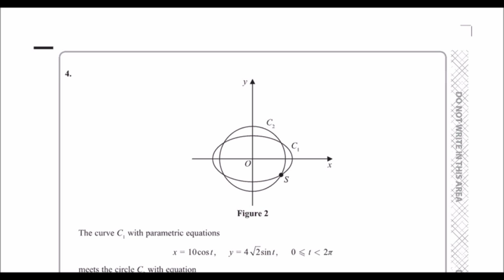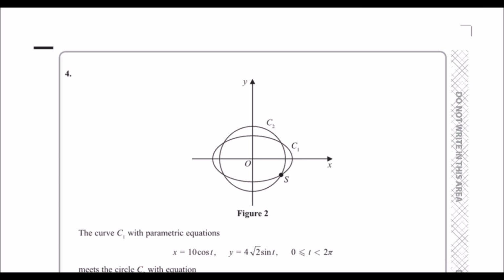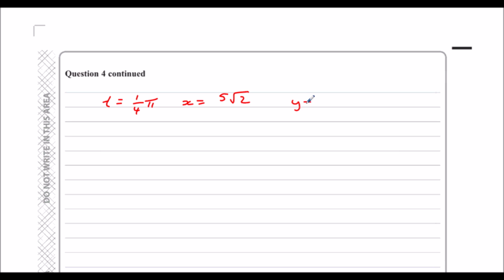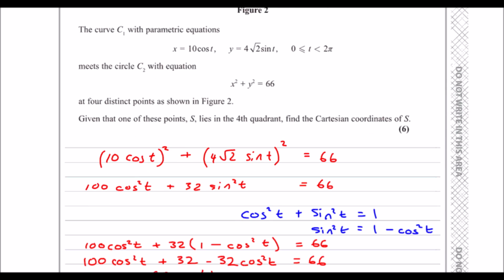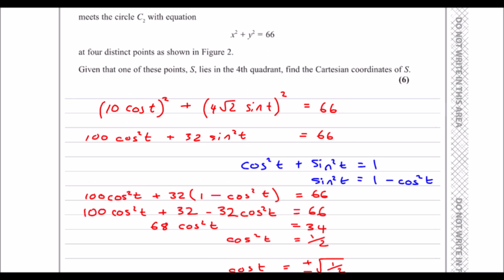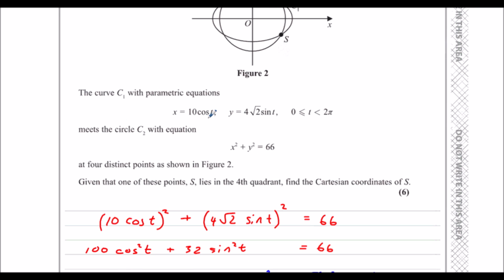And 4 root 2 sine t is 4. So that's not the one we want. That is this one here, so positive x, positive y. Now, which other one will give us a positive cos?